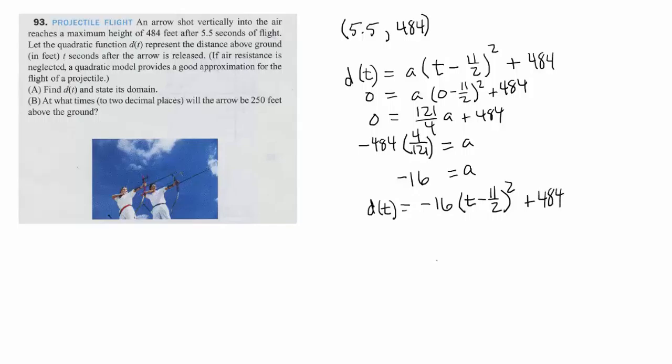And before we get to the domain, I want to multiply out the perfect square and simplify the equation. So I'm going to say that d of t is equal to negative 16 times t squared minus 11t plus 121 over 4, plus 484.